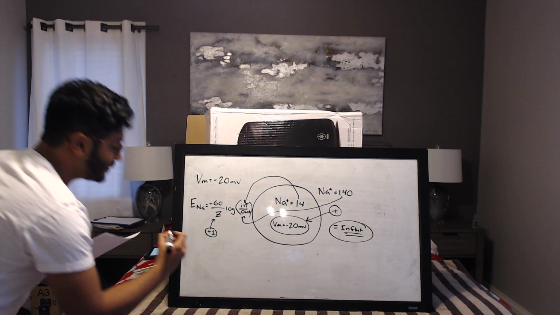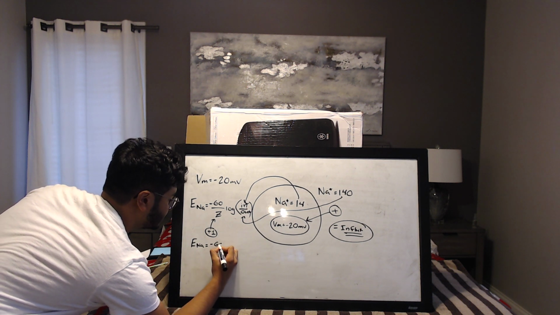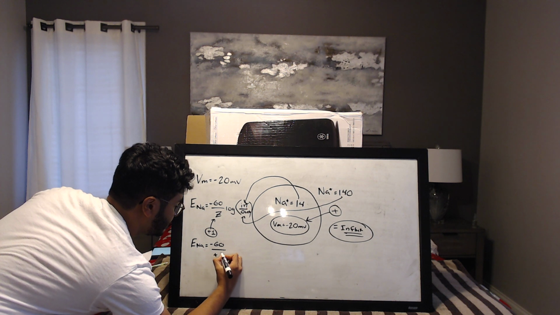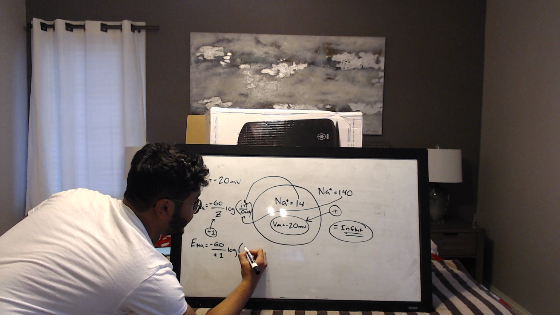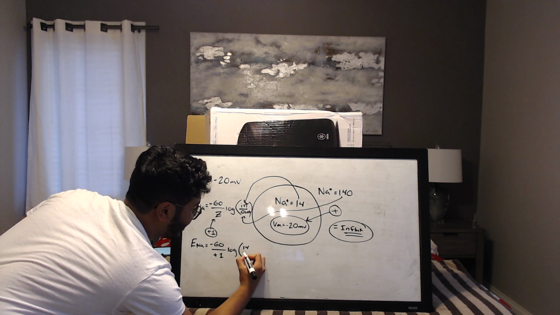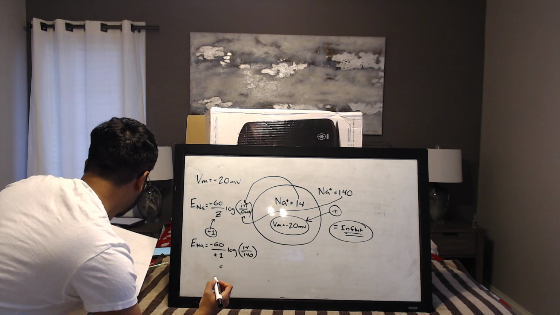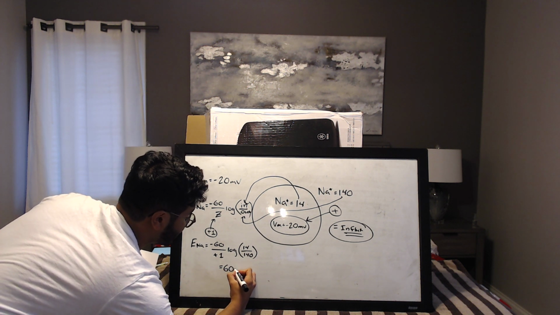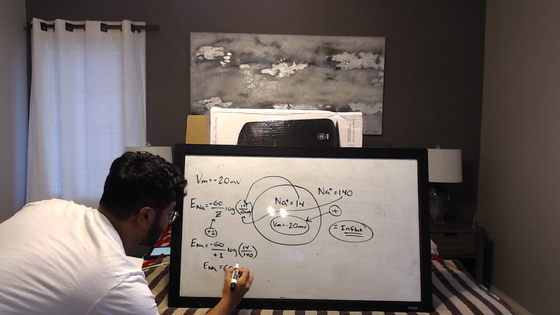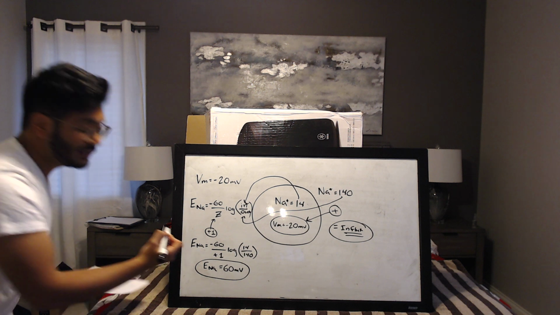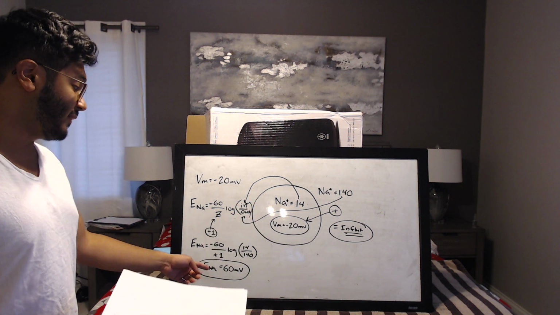So whenever you solve this equation out, you plug it in on the calculator on ExamSoft, and it's going to give you about positive 60 millivolts for your EM value for sodium.